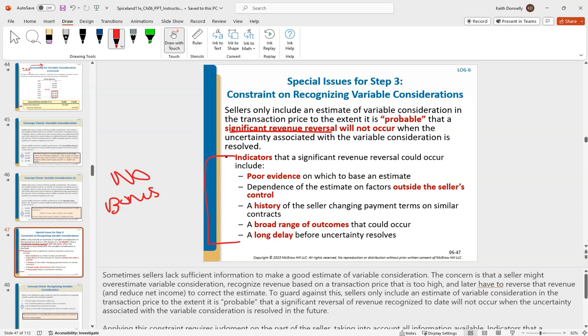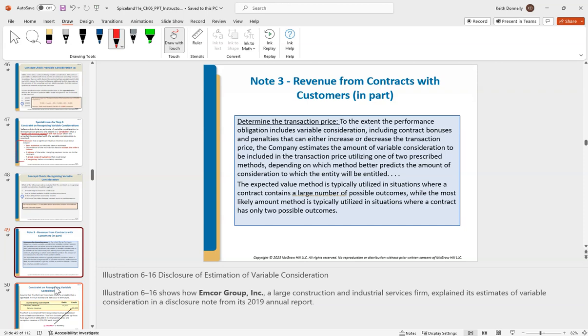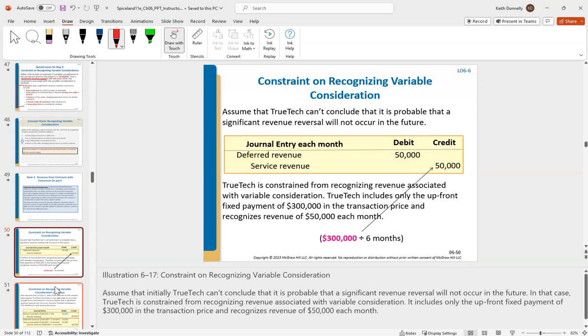Stated alternatively, if it's probable that there's not going to be a significant revenue reversal, then you do account for it. So there are some of the specifics, the nuances. What would be those facts and circumstances that would tell you if there would be that constraint on it? They give us a little example there.